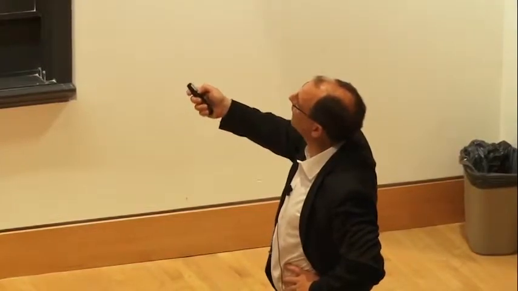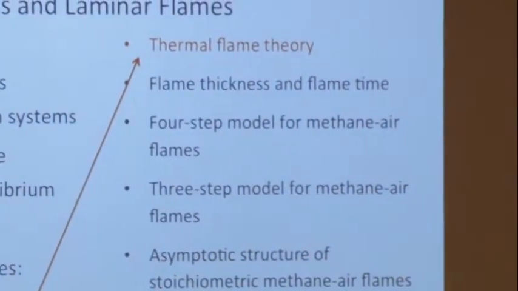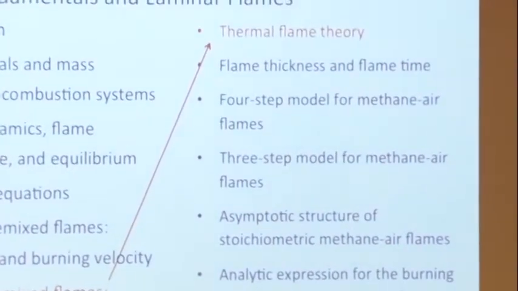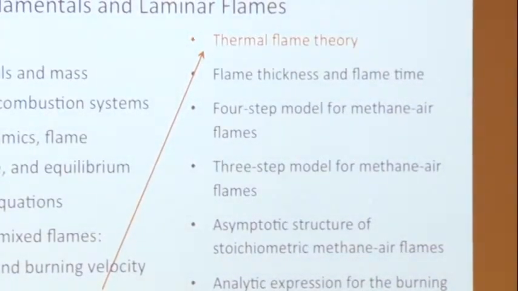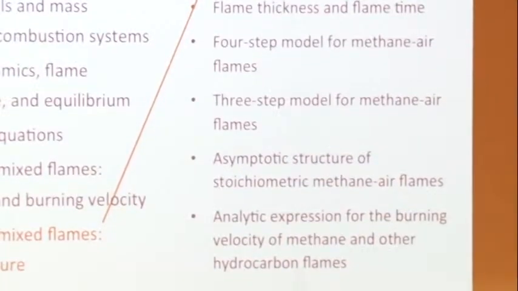We'll talk about flame thickness, flame time that results from this. And then we'll see the one-step global reaction is not right. In real life, you have multi-step kinetics, you have radicals and all these things, and we'll talk about a reduced mechanism, the so-called four-step mechanism for methane air flames. We'll talk about the three-step mechanism. We'll talk about the two-step mechanism, and all of these steps, there's a certain reason why we look at these.